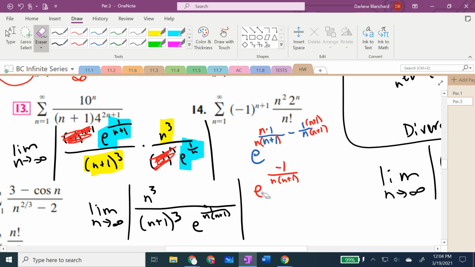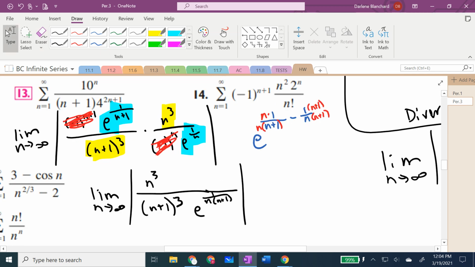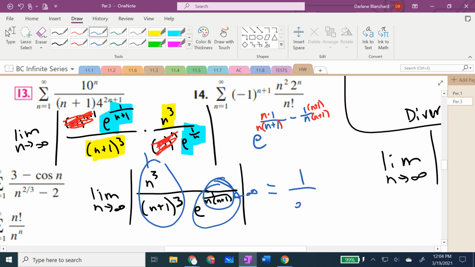I'm going to erase this if that's all right, because as n heads to infinity, this ratio heads to 1. For this, denominator is heading to infinity, so fraction is heading to 0. So this is actually heading to 1 over e to the 0 power.